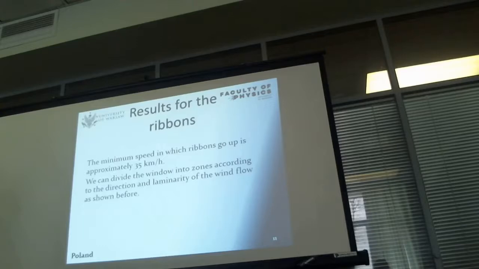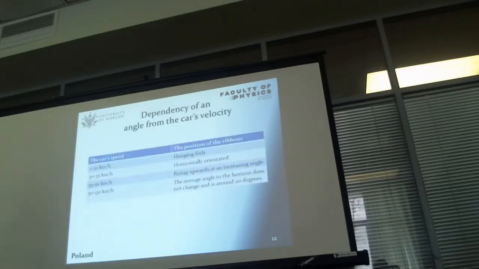Okay, so that's what I already said, that these were our results. And when we were speeding up, first of all, these ribbons were hanging freely. Then they started to be horizontally oriented. I haven't mentioned that this table is for the second zone in the car.